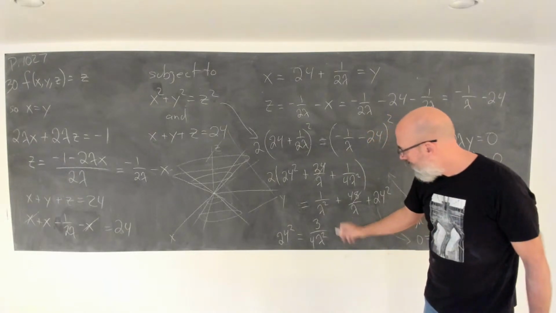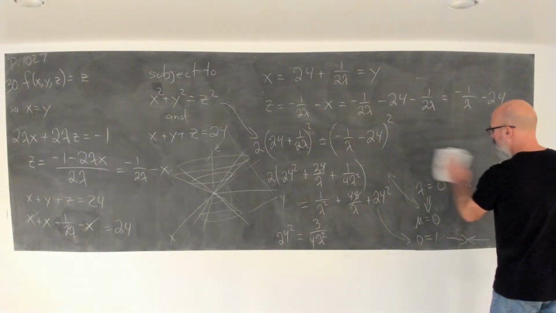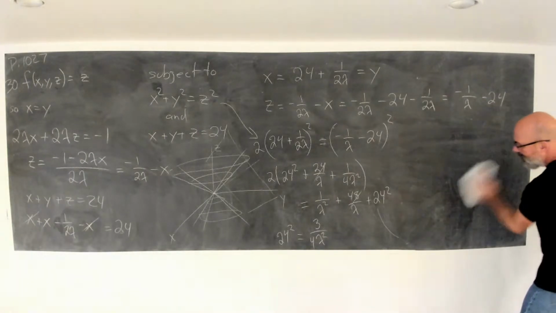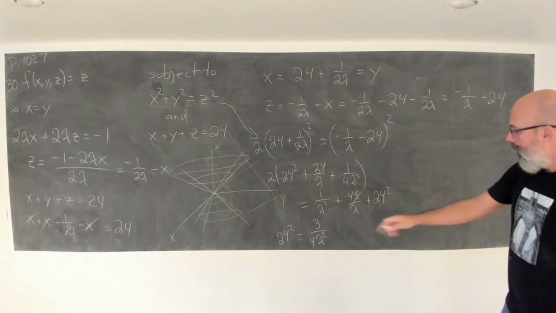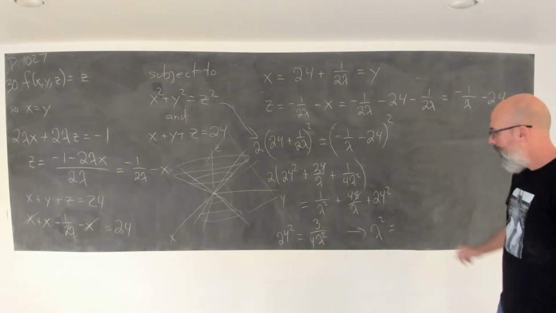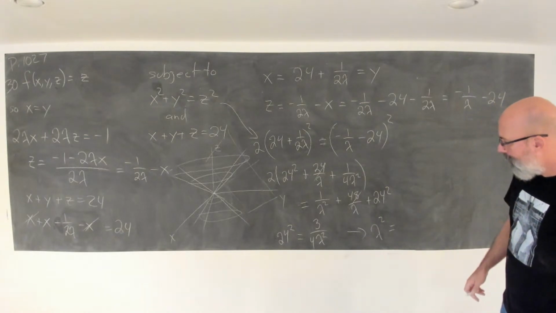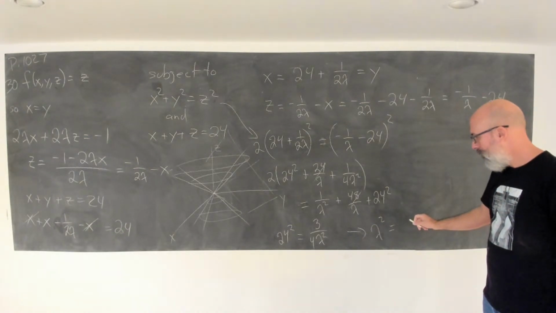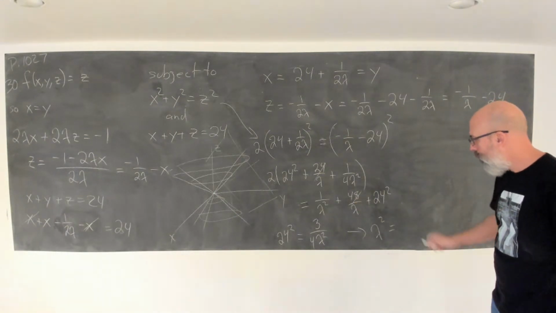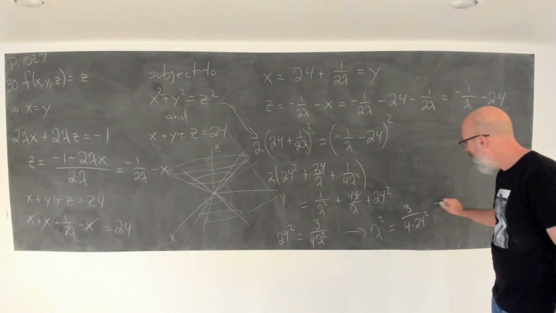So lambda squared is, interchange the lambda and the 24, so 3 over 4 times 24 squared.